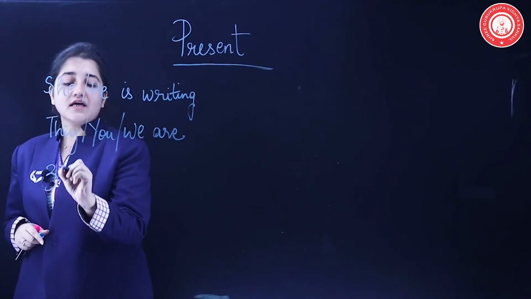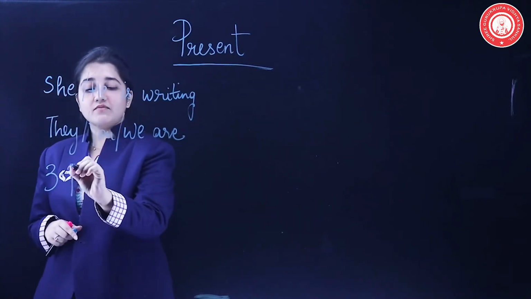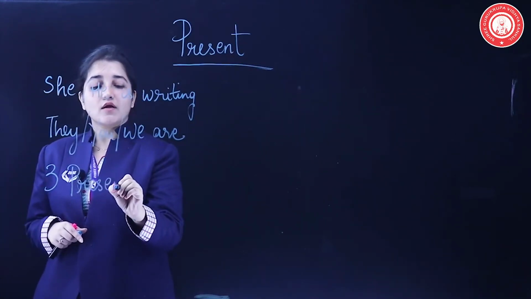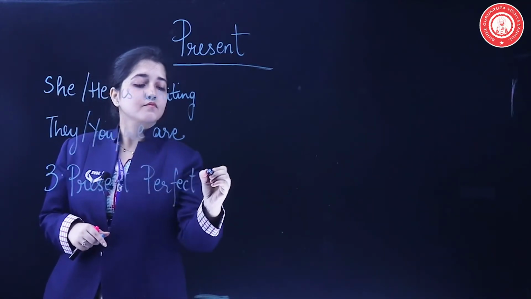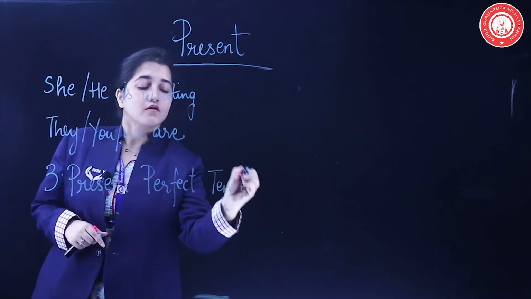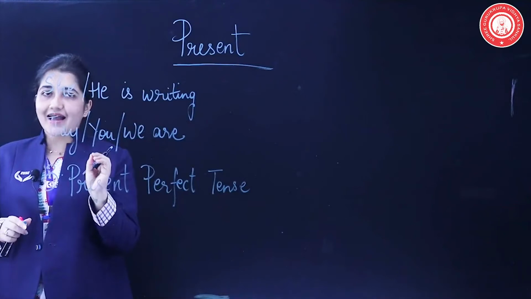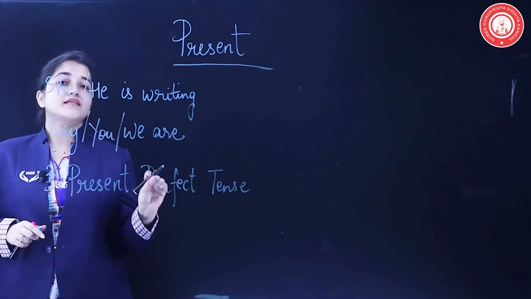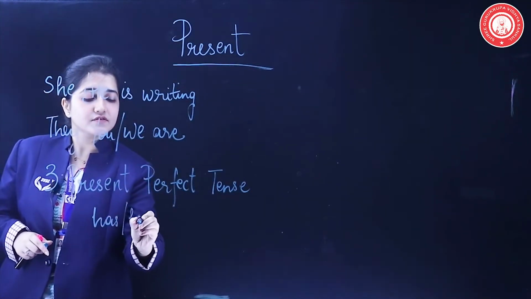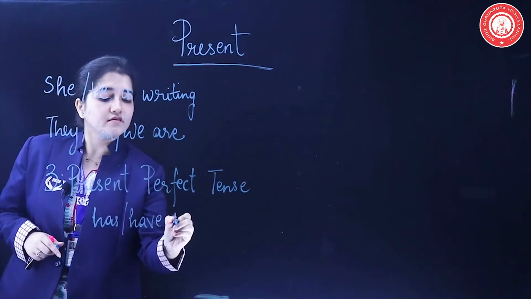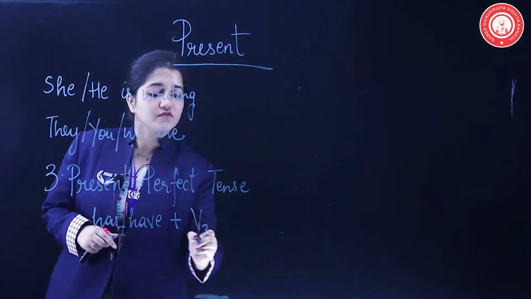The third type of tense in the present time frame is present perfect. Here, we just have an addition to make. In present perfect tense, we are going to add has or have with the third form of the verb.